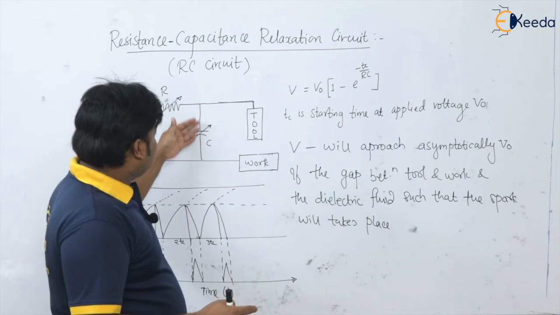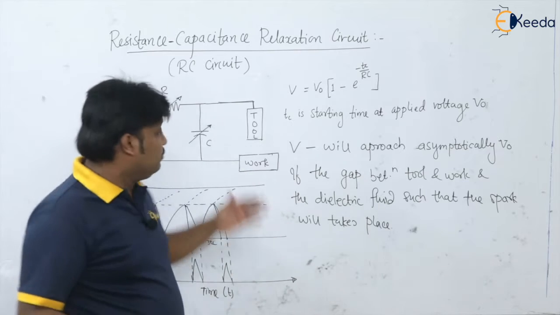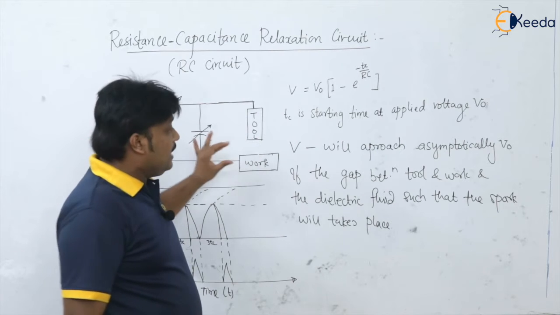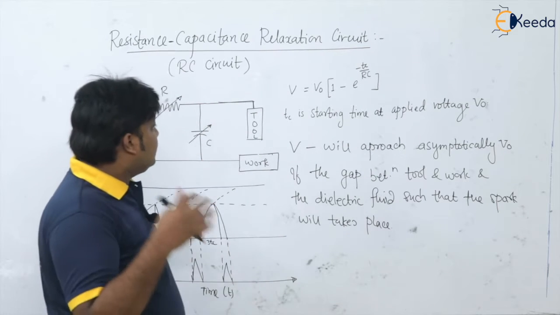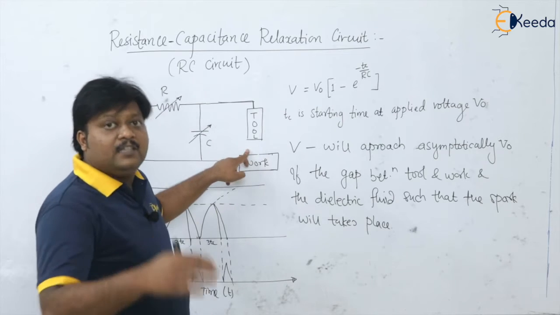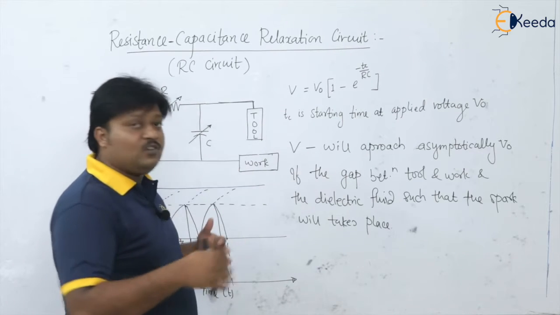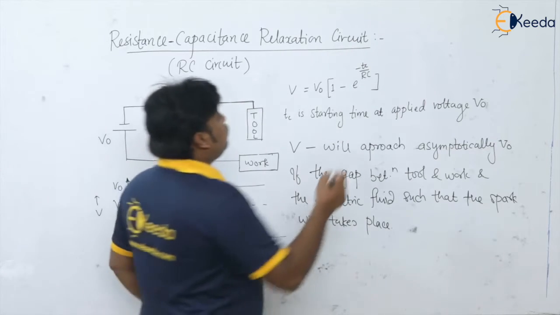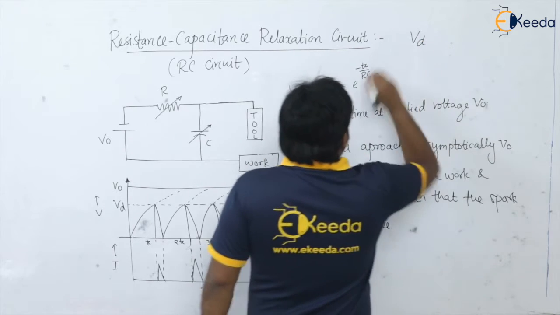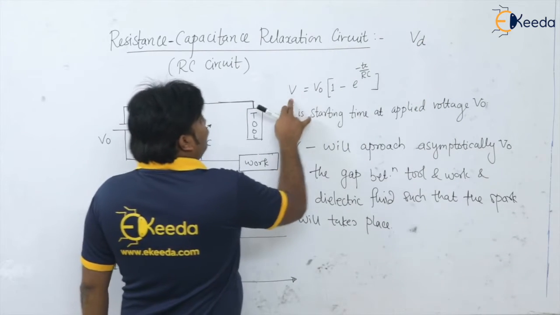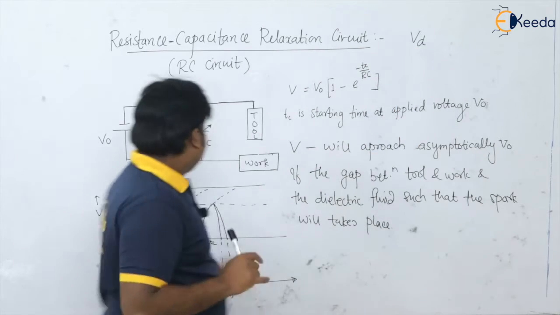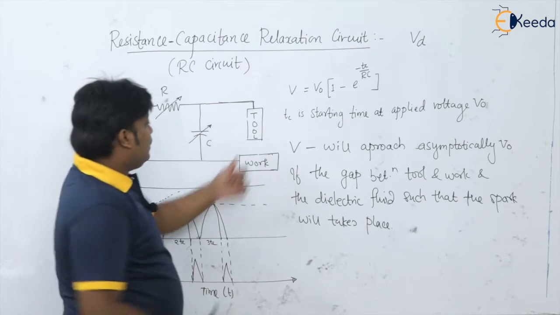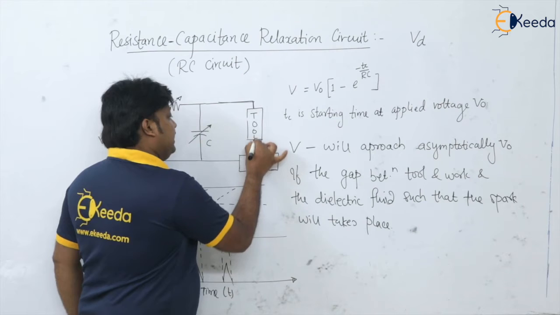When the capacitor is completely discharging, the spark occurs in the gap. The voltage across the gap reaches the voltage VD. That is when the spark is taking place.